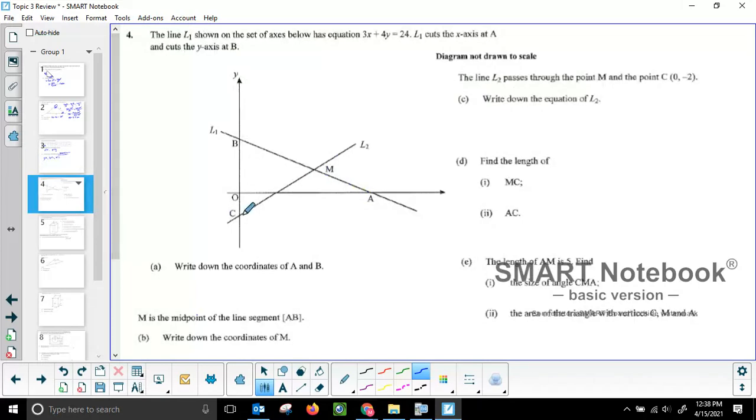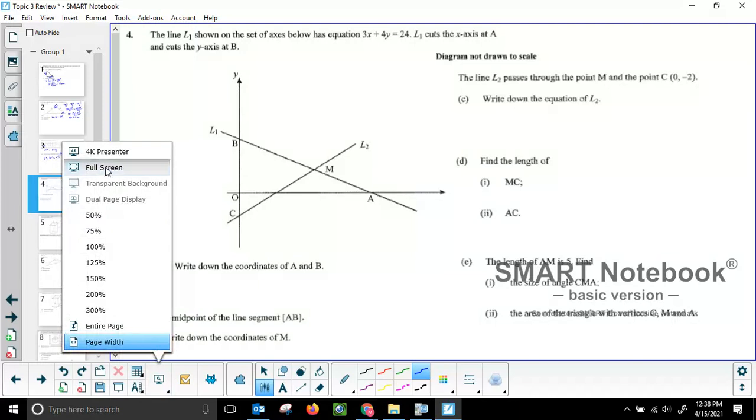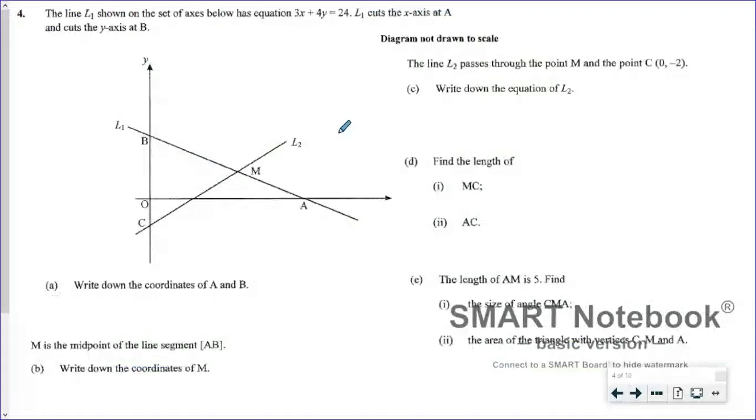Now, this problem is massive, and I don't know if I'll be able to fit everything on the screen, but we're going to give it a shot. The line L1, shown on the set of axes below, has equation 3x plus 4y equals 24.